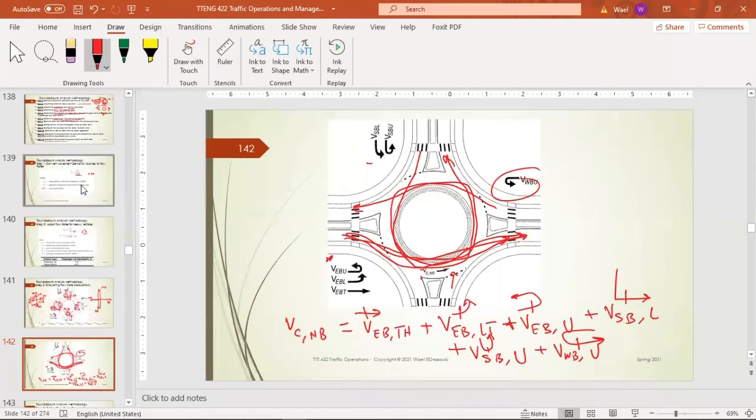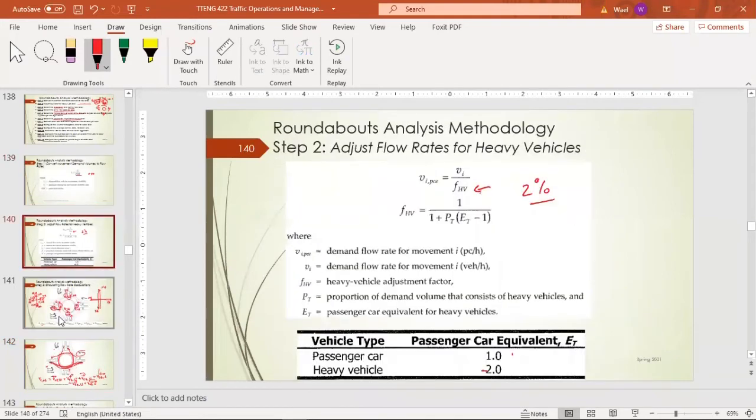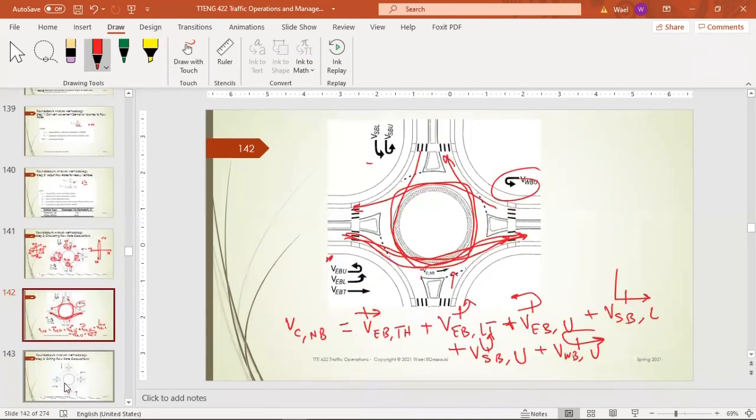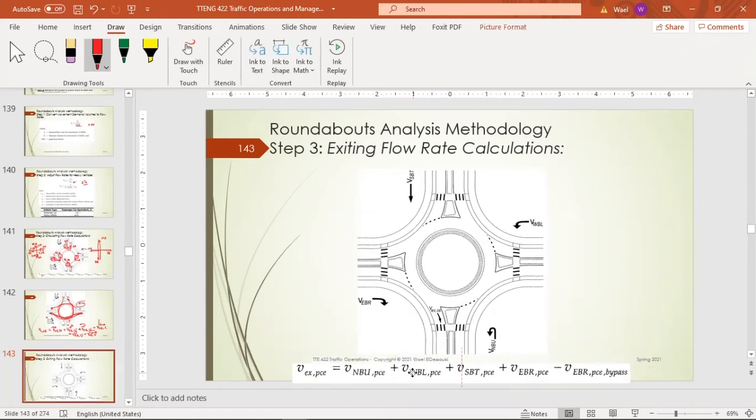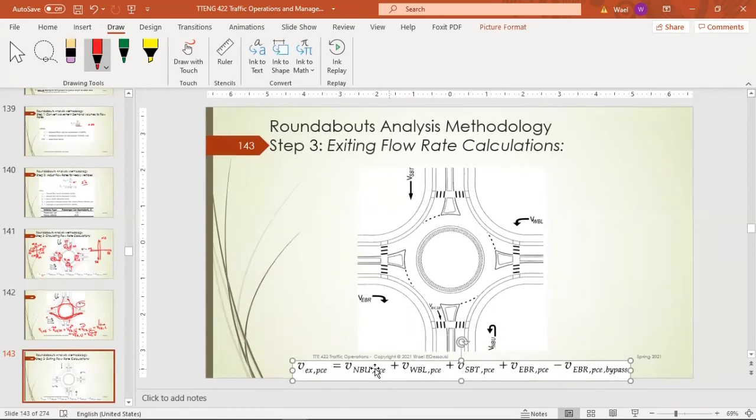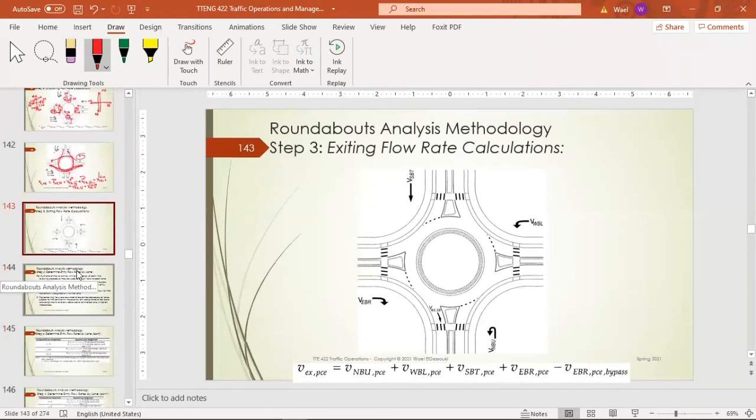So the next step, after calculating the entry volumes, is the exit volumes. The exit volume is basically the total volume exiting here. We can calculate the exiting volume also.